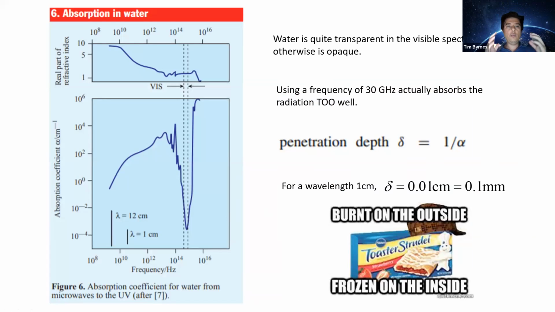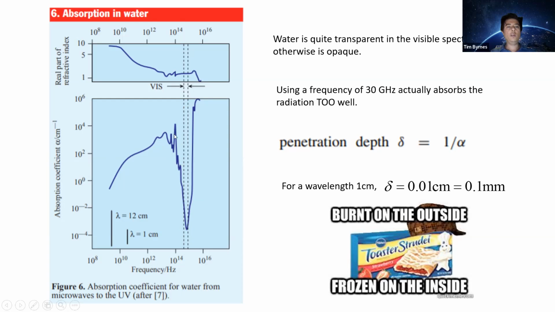So for our visible light range, the light that we see with our eyes, water is quite transparent, right? So light goes through it no problem. This is the absorption coefficient of light. The range within this dotted range is the frequency of the light that we see.